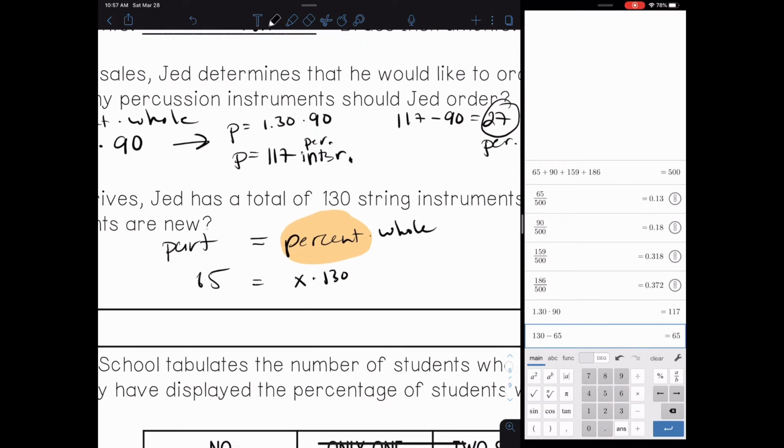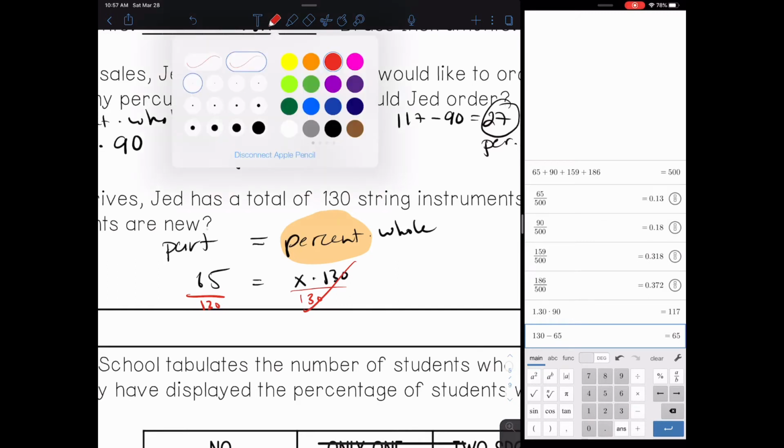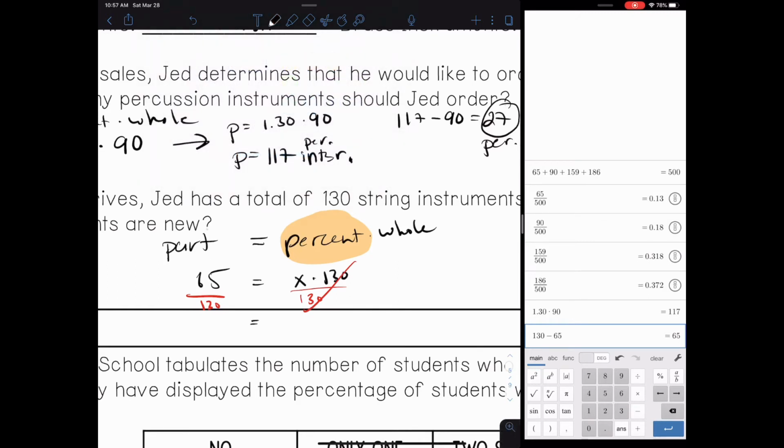How do you get x by itself? Divide both sides by 130. On top, 130 on bottom. And you get that the right side is x, the left side, 65 divided by 130.